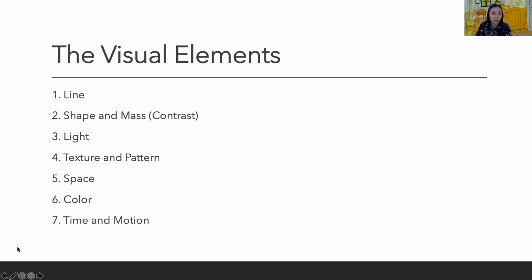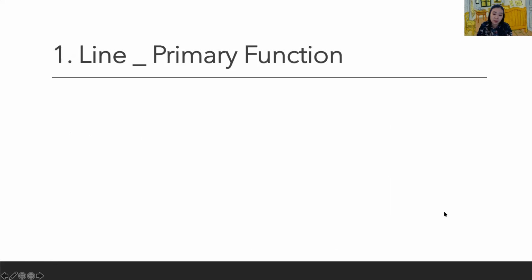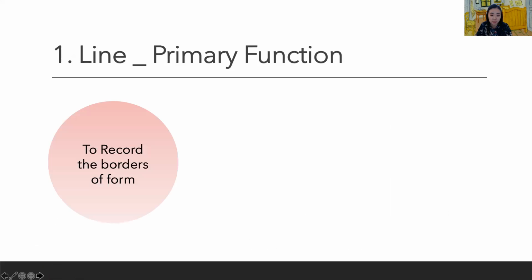So first, let's see the line. A line is a path traced by a moving point. There are three primary functions of line art. The first function is to record the borders of form.